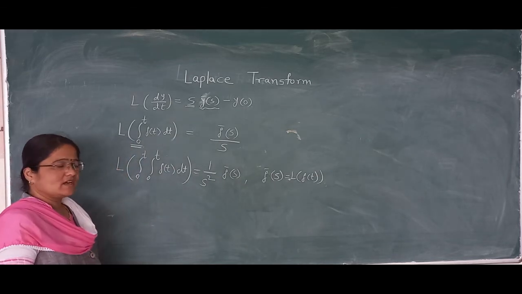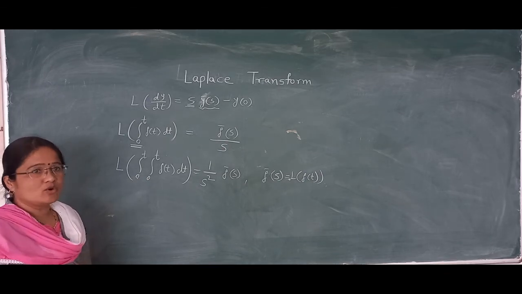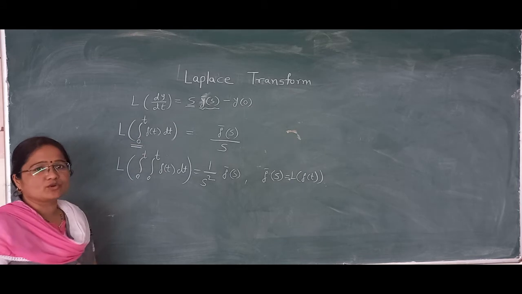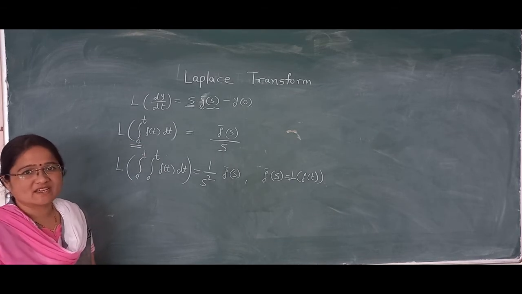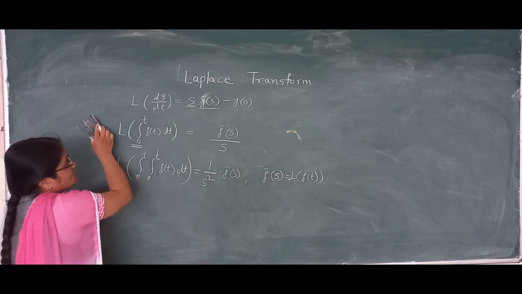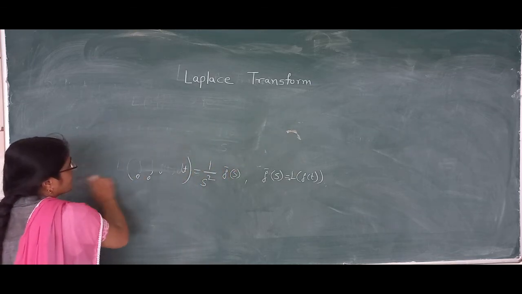At this point, remember this is Laplace of integration. Moreover, remember the limit should be from 0 to t only; other limits are not acceptable. So now we solve the questions depending upon Laplace of integration.